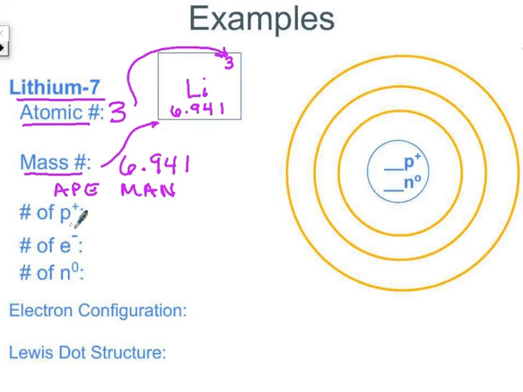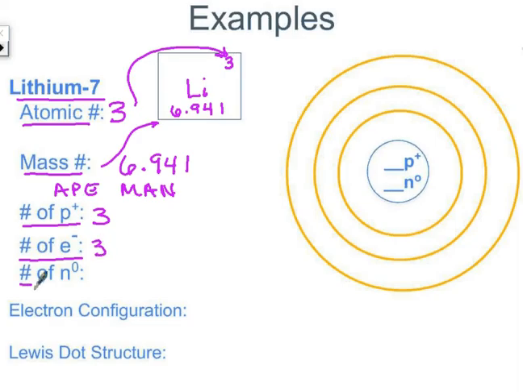So let's look at our protons. Protons is an ape, which is our atomic number. So our number of protons, or positive charges, is going to be 3. Why? Because our atomic number is 3. Our number of electrons, or negatives, again, ape man, is 3. Why? Because of our atomic number.